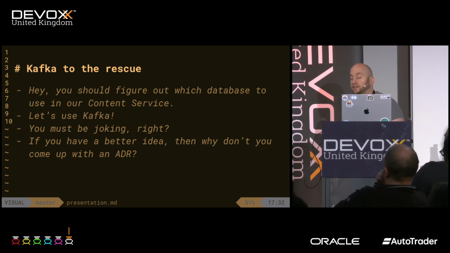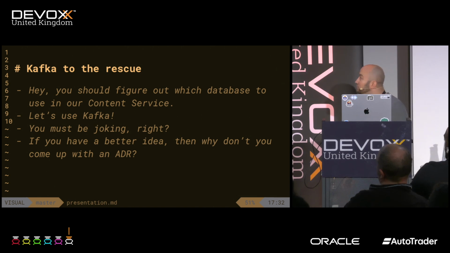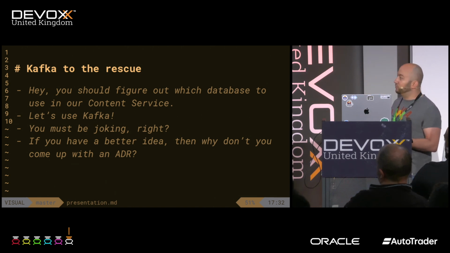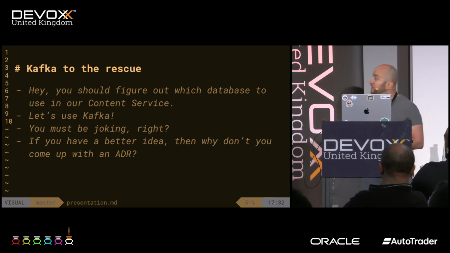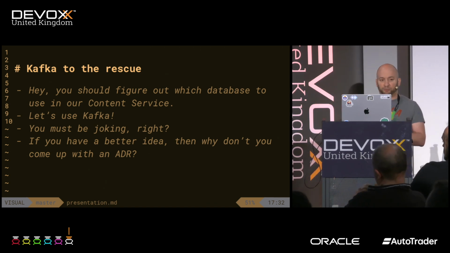So instead of McDonald's, let's use Kafka. Let's imagine a scenario when someone approaches us that, hey, you should figure out which database to use in our content service. And I will say, okay, let's use Kafka. Hey, you must be joking, right? If you have a better idea, then why don't you come up with an ADR? And obviously, we don't want to fend off all the responsibilities from ourselves, especially if we are responsible for the architecture.